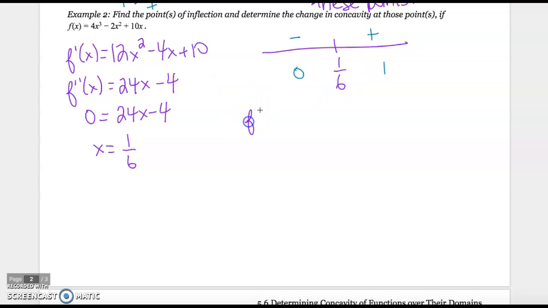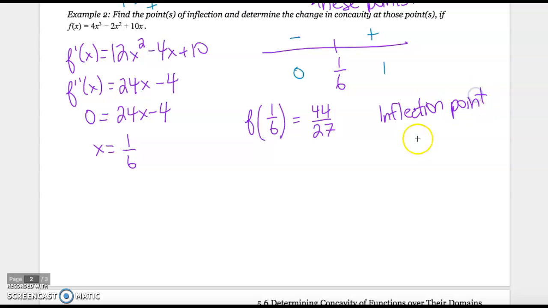So we'll go ahead and find that y coordinate by plugging 1/6 into our original function. And when I do that, I end up getting 44/27. So that means that I have an inflection point at 1/6, 44/27.